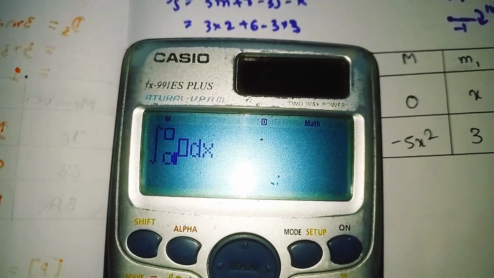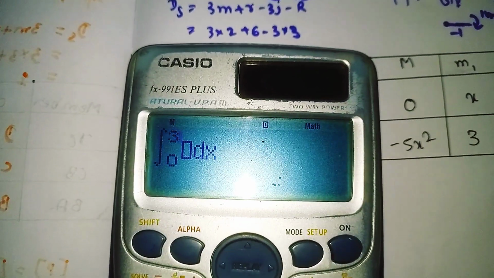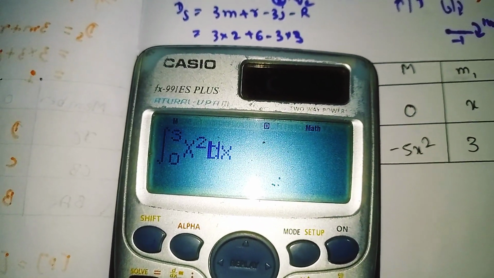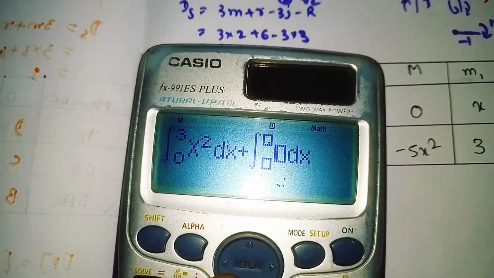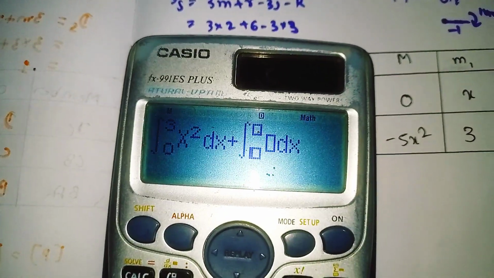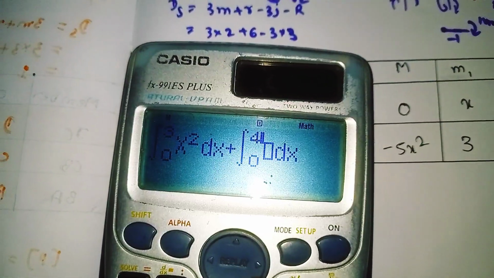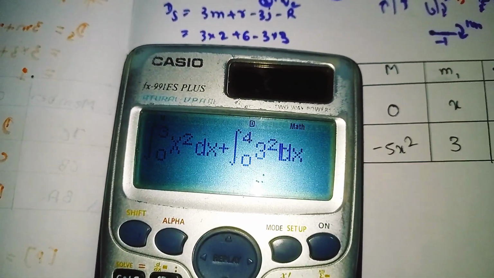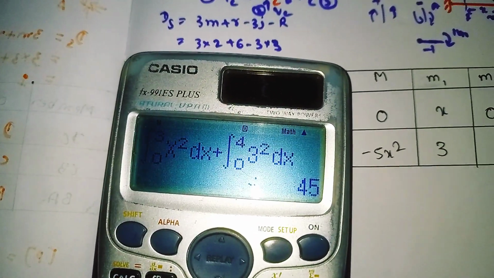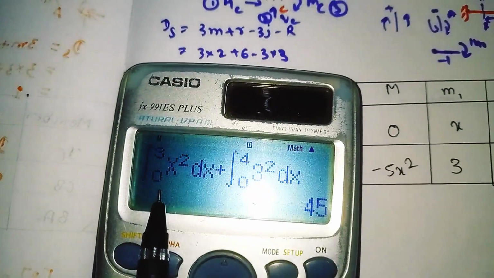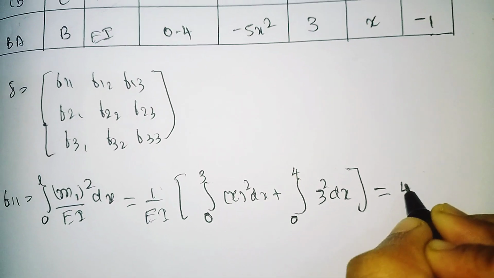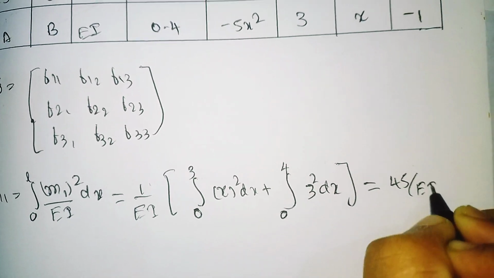Integration of 0 to 3 of x square plus integration of 0 to 4 of 3 square. So now solve it. Our F11 value will come out as 45. So F11 value is 45 divided by EI.